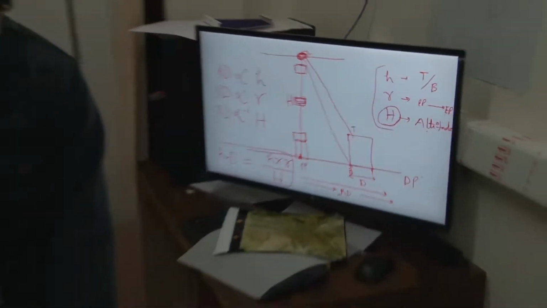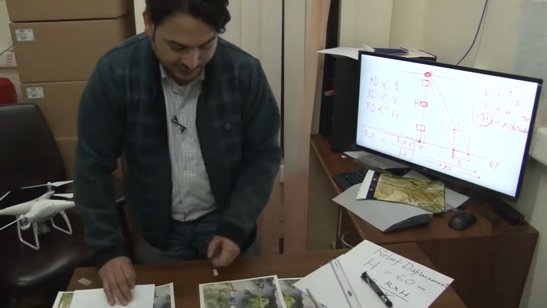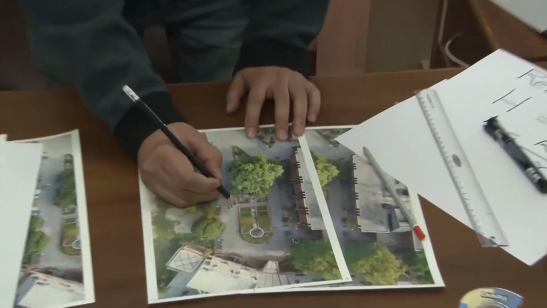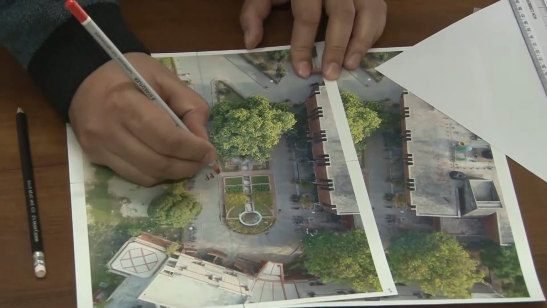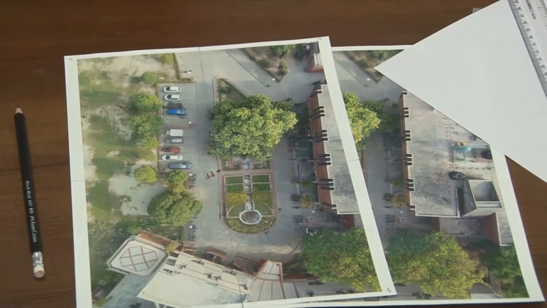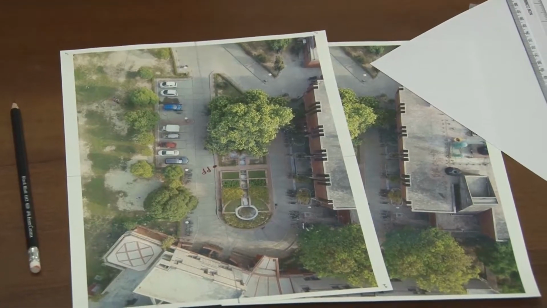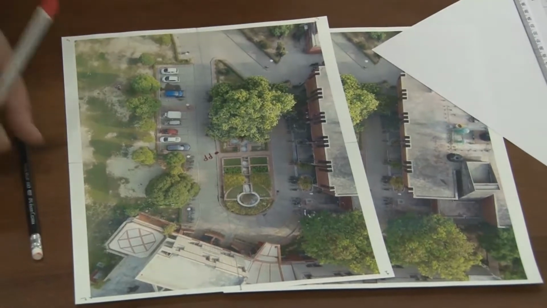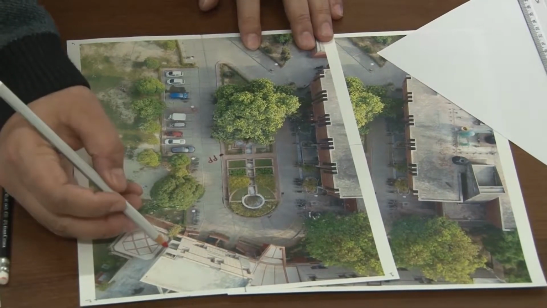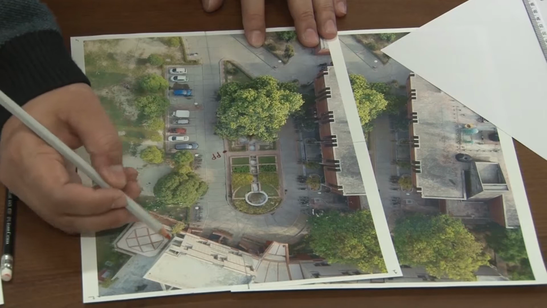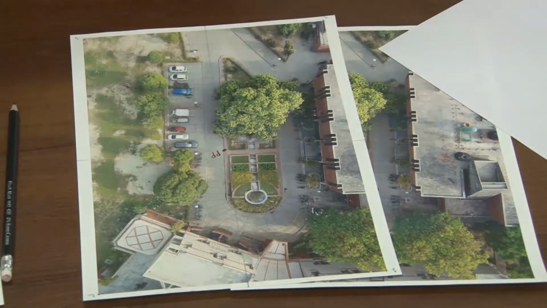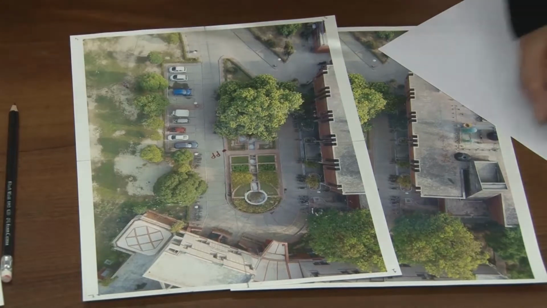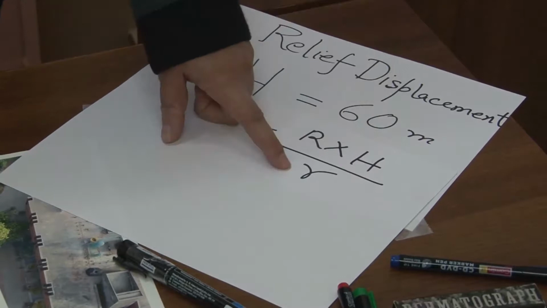So moving ahead, here at this point you have your principal point. Suppose we need to calculate the height of this building. So first, what you need to know is R, H and small r.